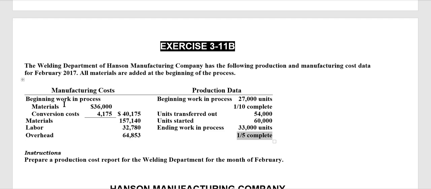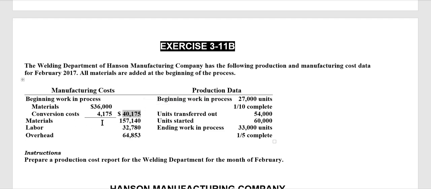On the left, you have your manufacturing cost. You will notice that at the beginning of the month, the work in process account for this department or this phase of the process had $36,000 of materials and $4,175 of conversion costs. So the total beginning balance is the sum of those two, which is $40,175.